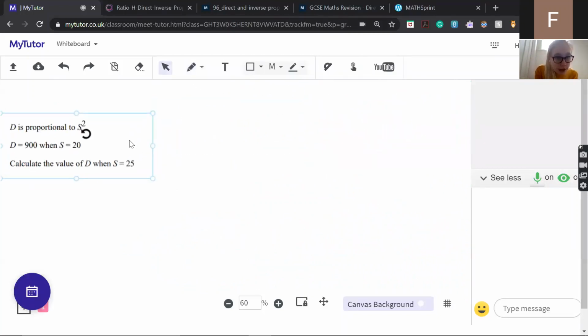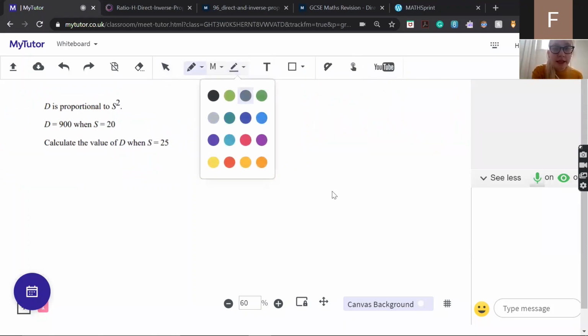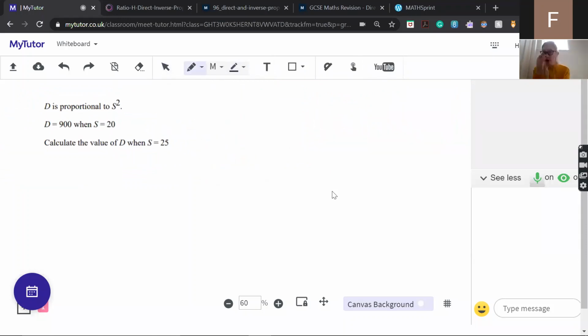Just move the question over here. So we'll start by doing the same thing that we did at the beginning of the last question. We're just going to write down what we see. So D is proportional, funny fish thing, to S squared. In this case, we don't know what these values are. They're just two variables.